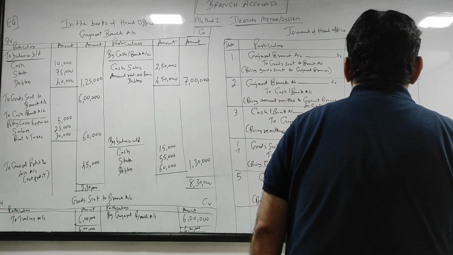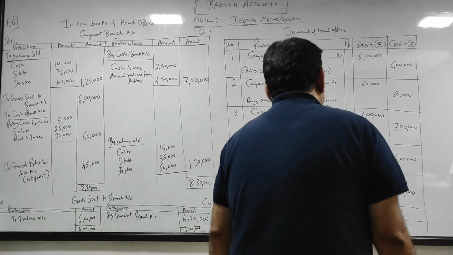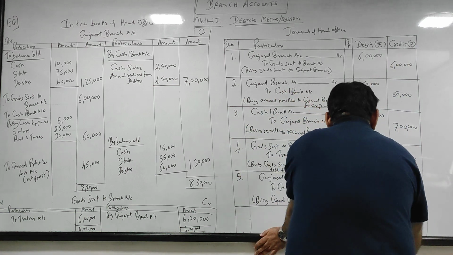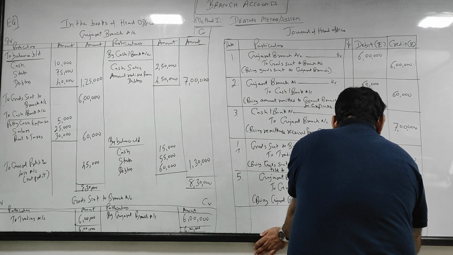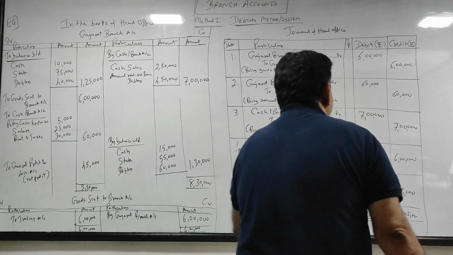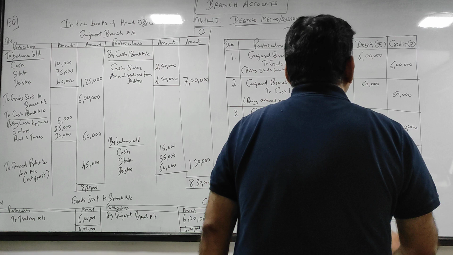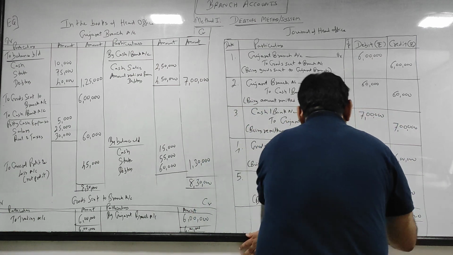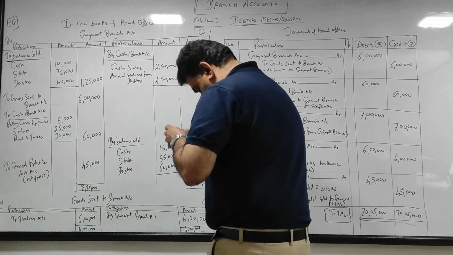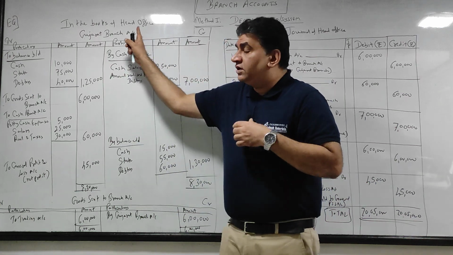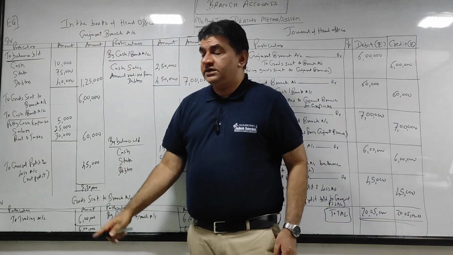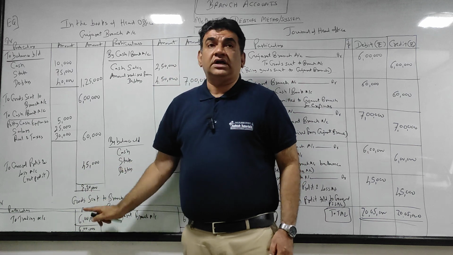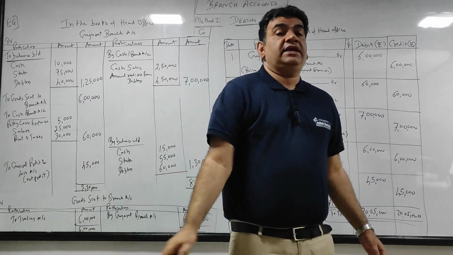Let's take this: 660, 1360, 1960, 20 lakh 5,000. 7 and 6 is 13, 19, 20 lakh 5,000 is your total. Got it, guys? So my last entry, Gujarat branch account debit to general profit and loss account, that is 45,000.